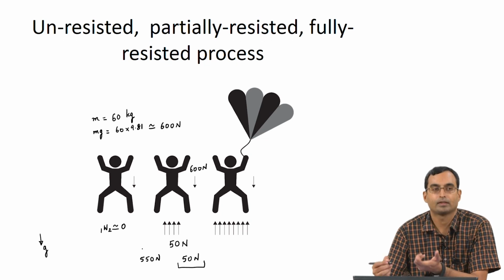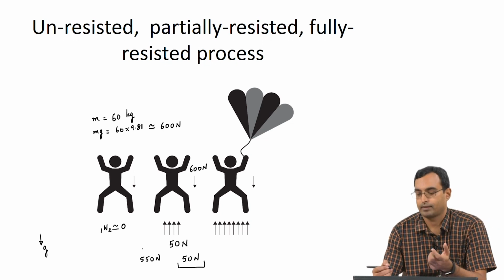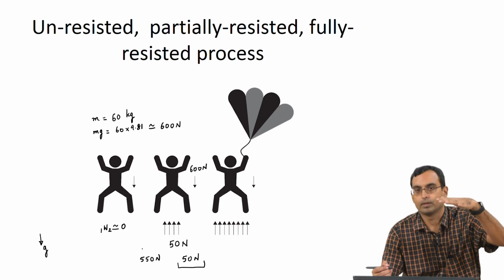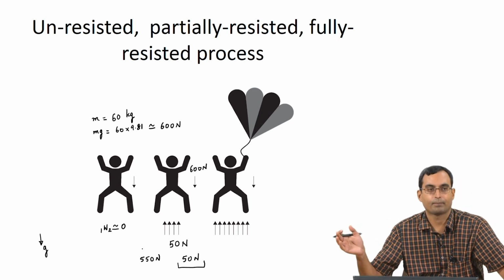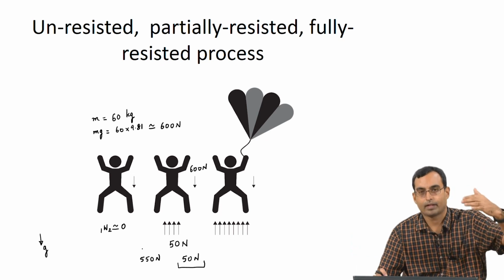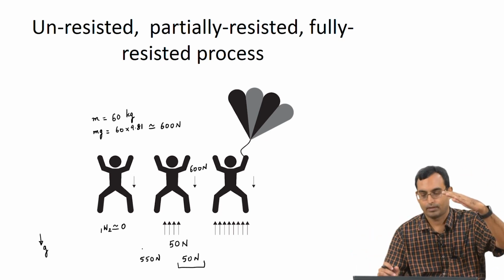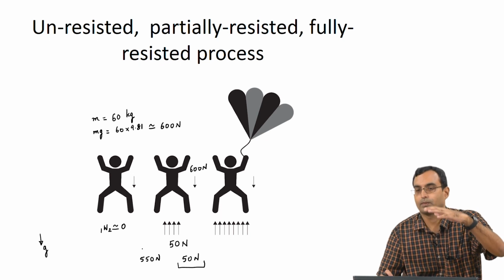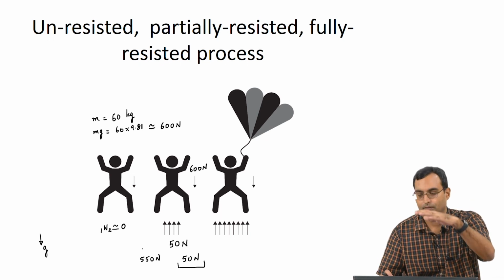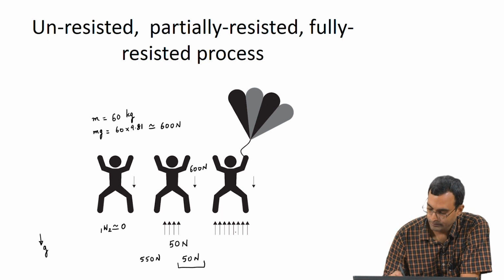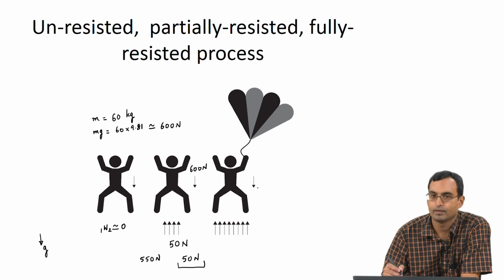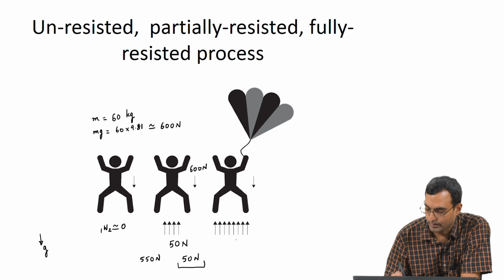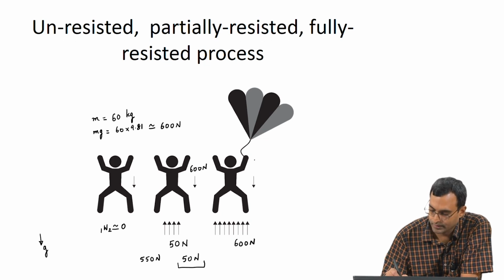Now, the person deploys the parachute and the person is drifting slowly. So, the parachute is completely deployed. The person was initially traveling fast. Once you deploy the parachute, you go down slowly. The parachute makes sure that the person does not accelerate and goes very slowly. Then the person will be drifting, not accelerating. So, you can have a full resistance now. The weight of this person is 600 newtons, which is pulling him down.